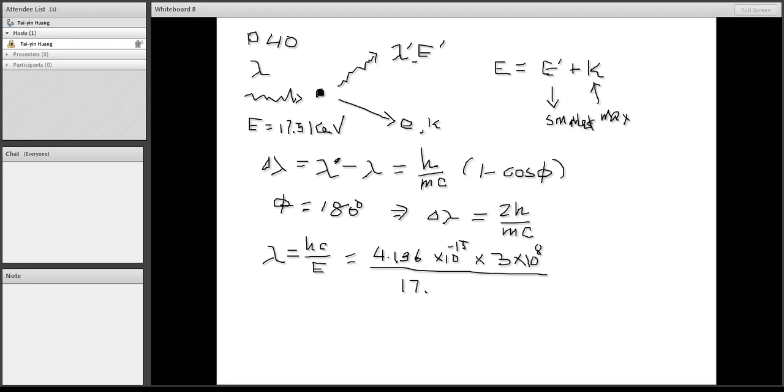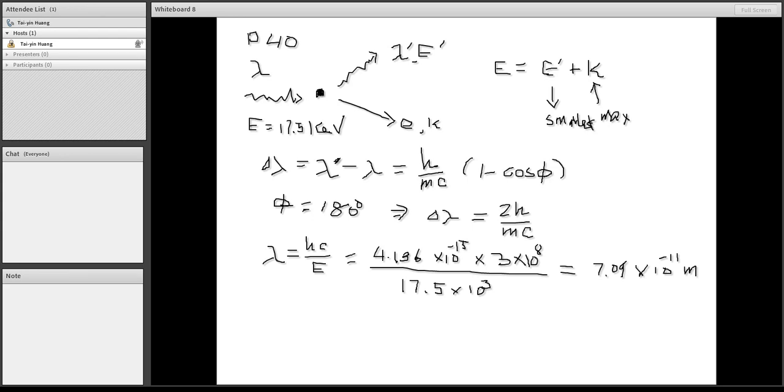You have 17.5 keV, so times 10 to the third. This is in eV and h is in eV, so everything cancels out. What you have here is that your wavelength is equal to 7.09 times 10 to the negative 11, in meters because everything is in SI units.